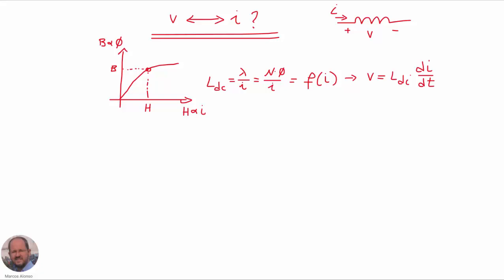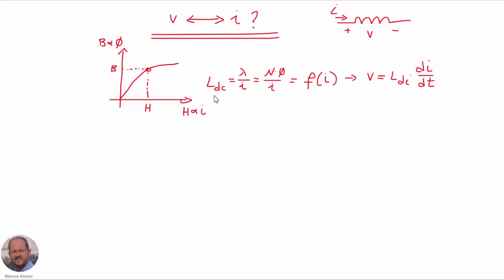Let's see now what is the relationship between voltage and current in a given inductor like this one here. We can take a look at the BH curve of the material, and we know that if we have a given value of the current, then we know the value of the magnetic field intensity, H, which is proportional, so we can go to the curve and obtain the value of the magnetic flux density, and then from the magnetic flux density we can obtain the magnetic flux by multiplying by the effective area of our core.